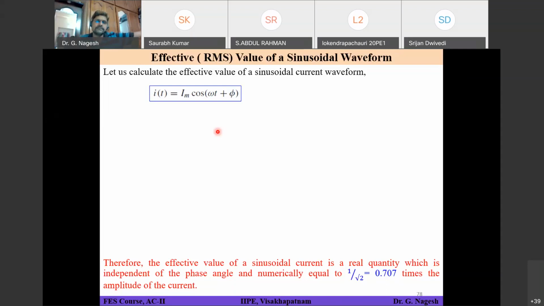Omega is equal to 2 pi f, and f is equal to 1 by T. Sir, Im square by 2. Im by root 2. Im square by 2.